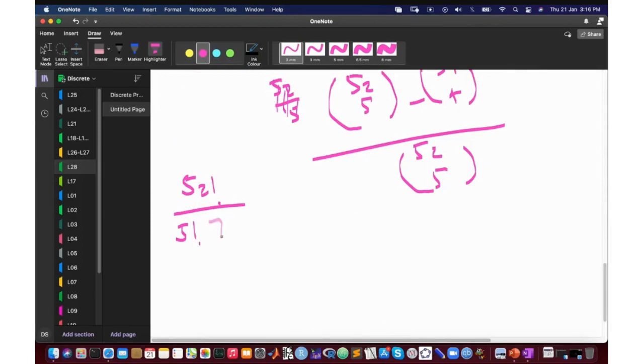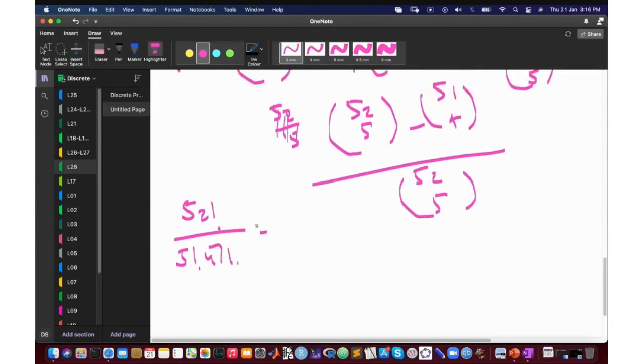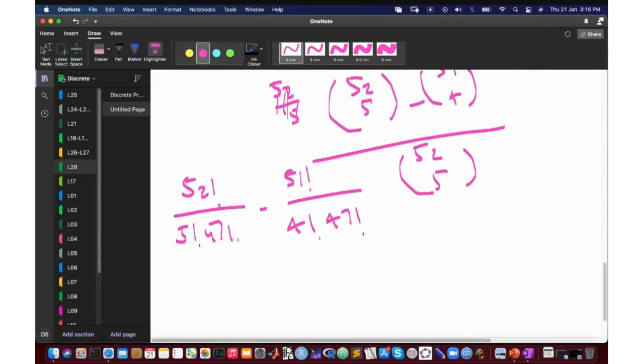So this is 47 factorial. और इसमें से हमने करना है 51 factorial divided by 4 factorial times 47 factorial. So let's see what we can pull out. We can pull out 51 factorial divided by 4 factorial and 47 factorial.